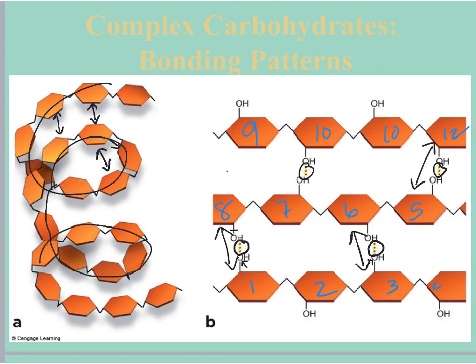So you see that as you add more saccharides to a carbohydrate chain, the chain gets more complex and its shape changes. And remember, when the shape changes, the function is going to change as well.